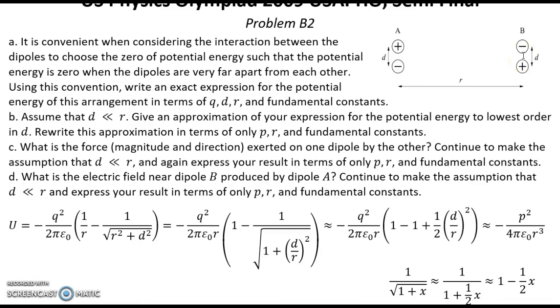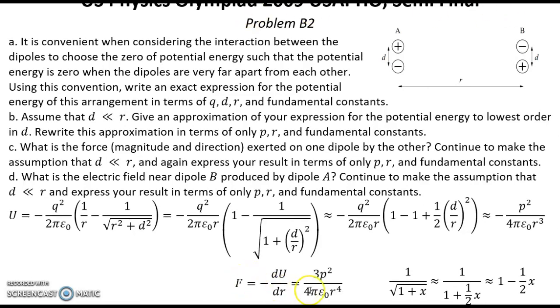Due to symmetry we have zero force in y direction. We can have only x direction. So we just need to take a first derivative. That will be this expression for force.